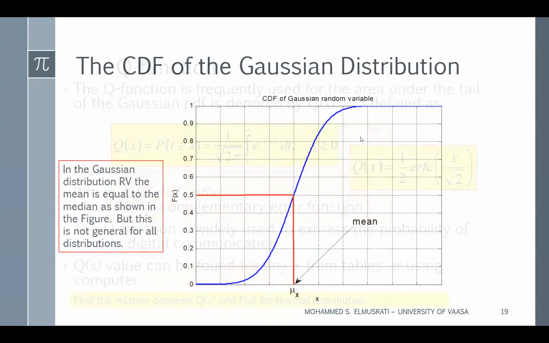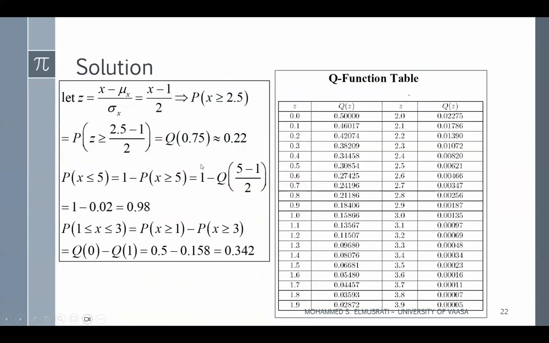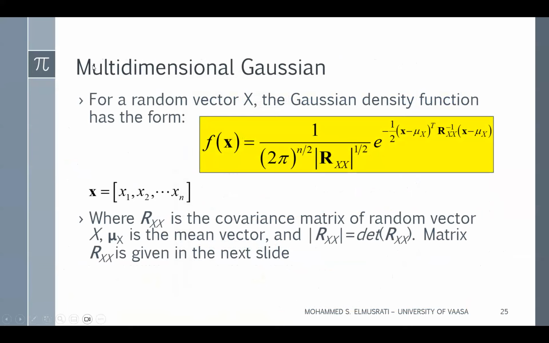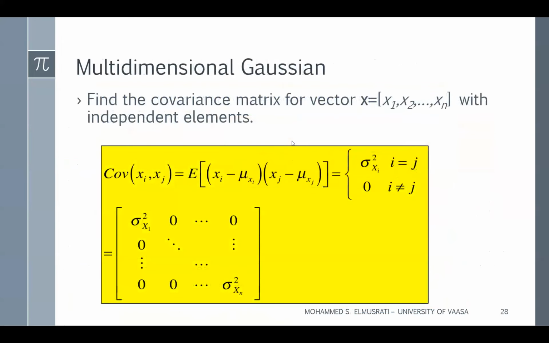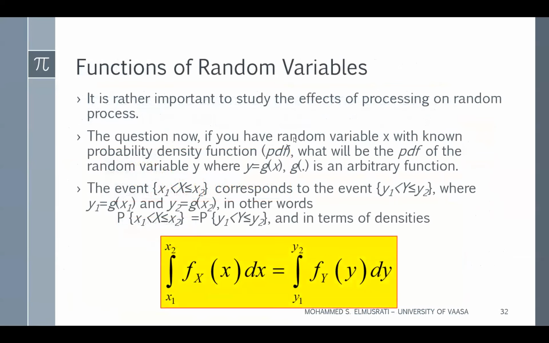The last thing today that I wanted to show. For the multidimensional Gaussian, we will skip it now, because we will come back to it when we come to the estimation theory in the next part of this course. What I wanted, this is the functions of random variable.